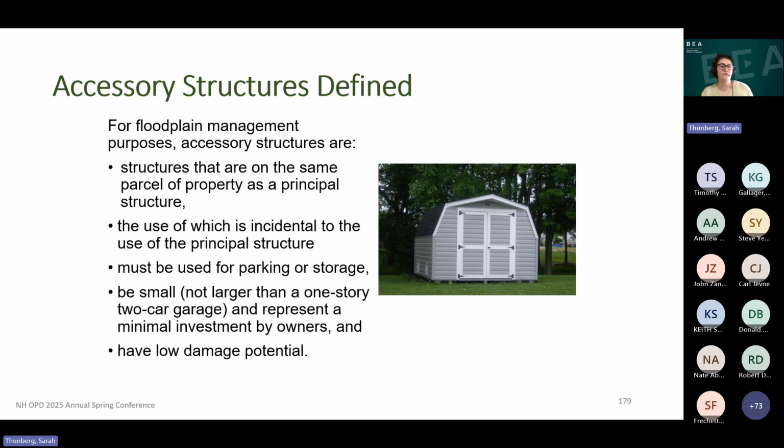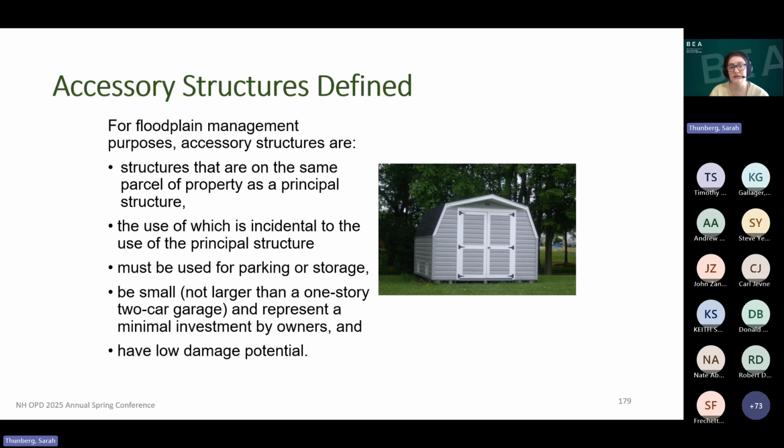All right, so what is an accessory structure? For floodplain management purposes, accessory structures are structures that are on the same parcel of property as the principal structure, the use of which is incidental to the principal structure.